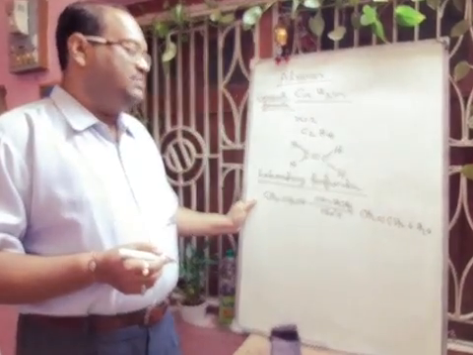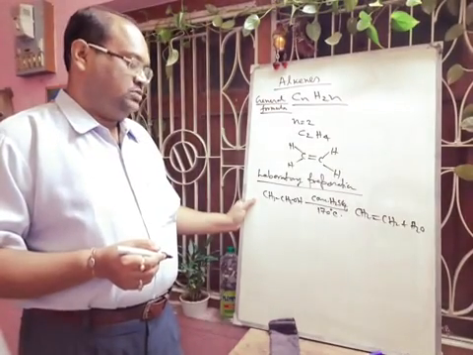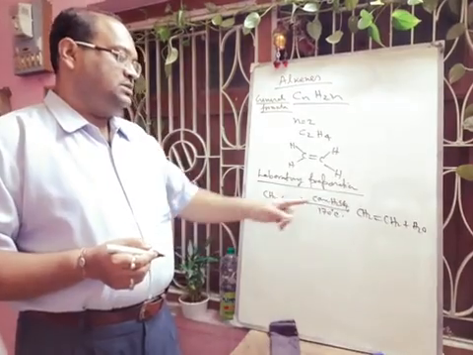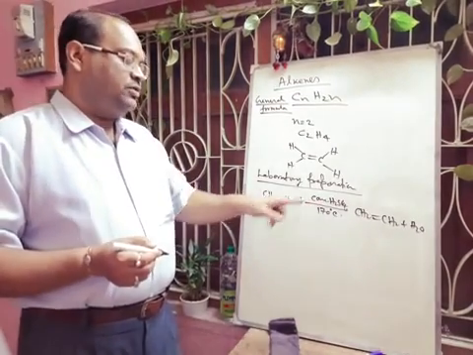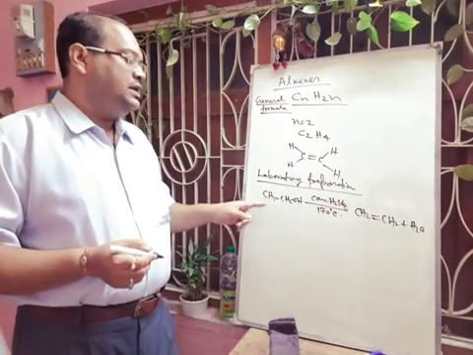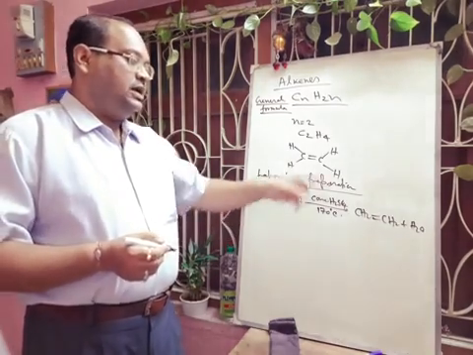So here is the elimination of a water molecule. Actually, first the OH will be protonated, then there will be loss of water, formation of carbocation, and finally the elimination of a proton gives the alkene.